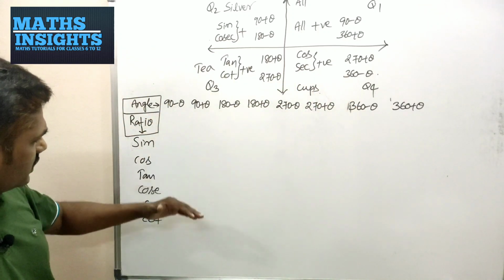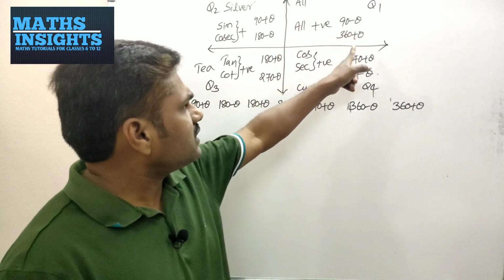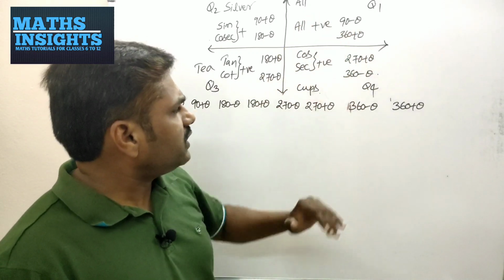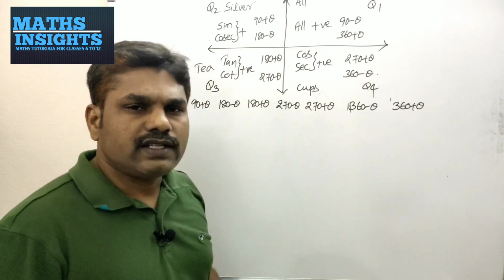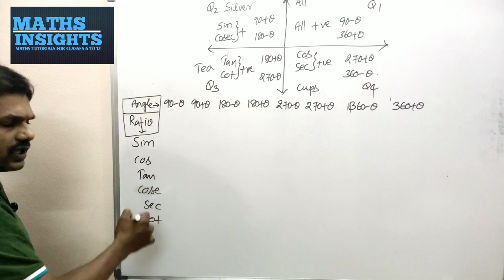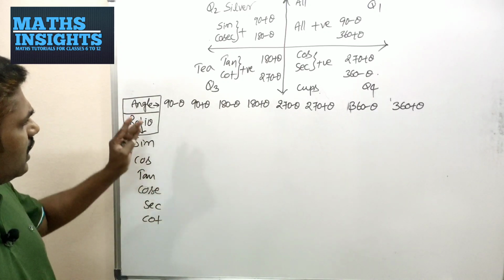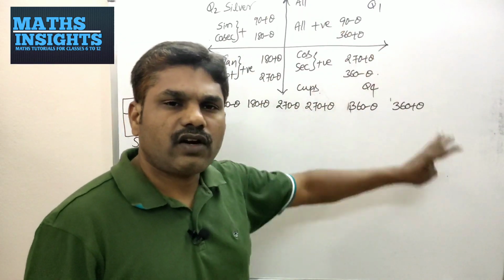Now I will prepare a table. This is very easy. For 90 minus theta, 360 plus theta, you will definitely fill the table easily. See, these are the trigonometric ratios. I have taken them vertically and the angles horizontally.